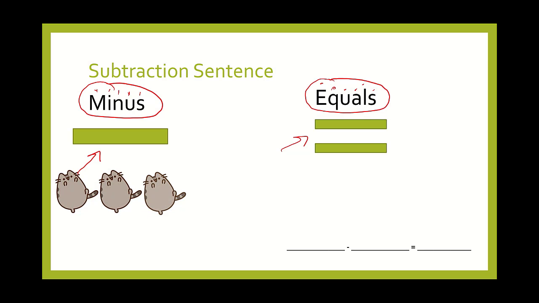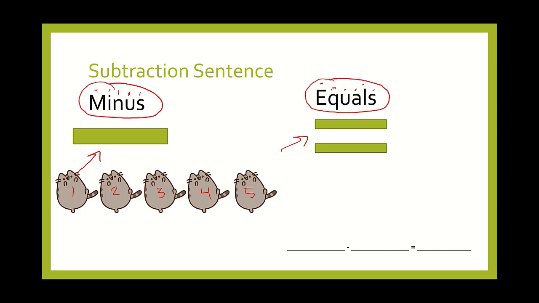So let's look at our dancing cats again. They're having a great time dancing to some fun music. And let's come up with our subtraction sentence for them. So we had 5 cats. Let's count them. 1, 2, 3, 4, 5. And then we had some leave.